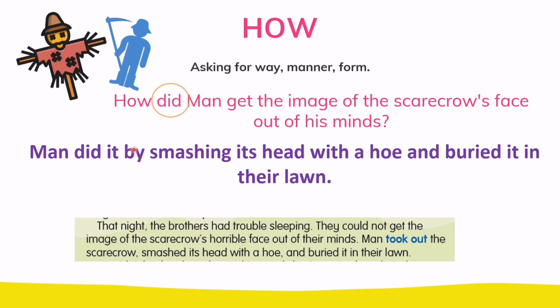Okay, so back to the question. How did Man get the image of the Scarecrow's face out of his minds? Man did it by smashing its head with a hoe and buried it in their lawn. Ada tak dekat teks? Ada kan? Okay, good.